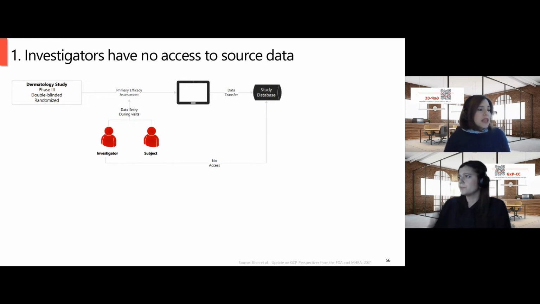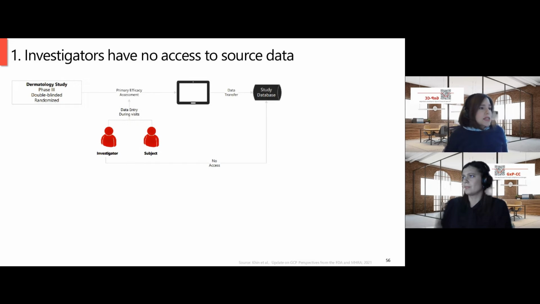So in the case study we are going to present on this topic, which is a dermatology phase 3 study, so really critical for the outcome of the development of the drug, double-blinded and randomized, meaning that the identity of the participants and who received or not a treatment should be kept secure.